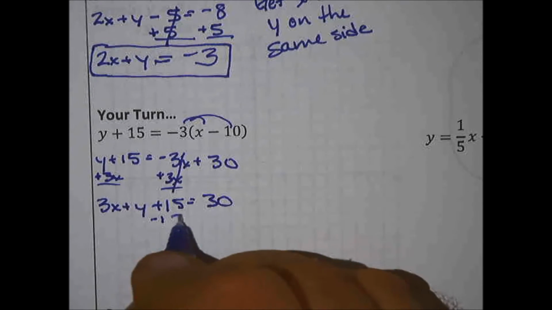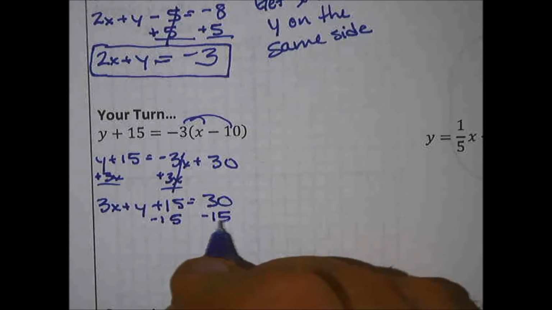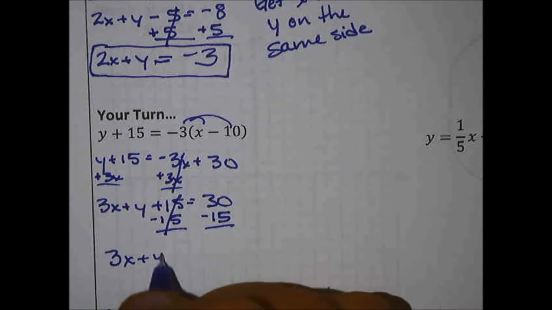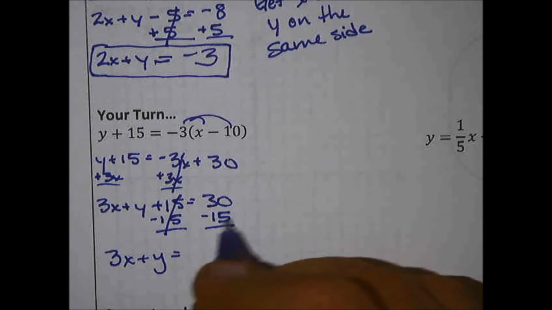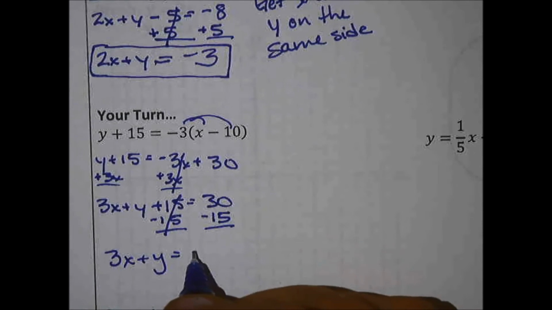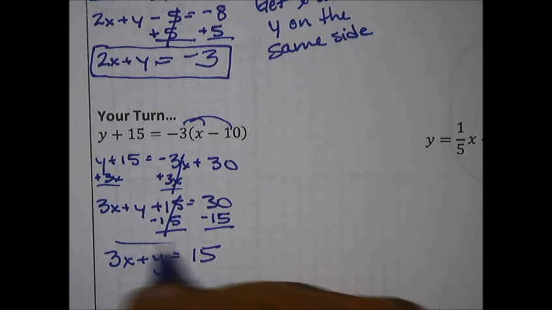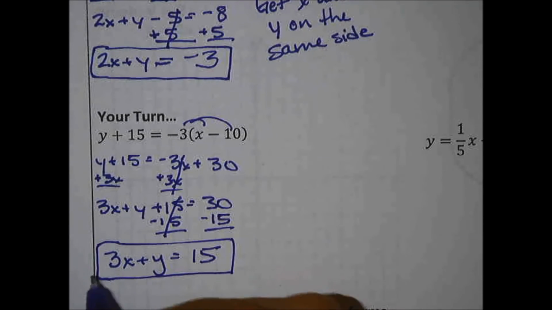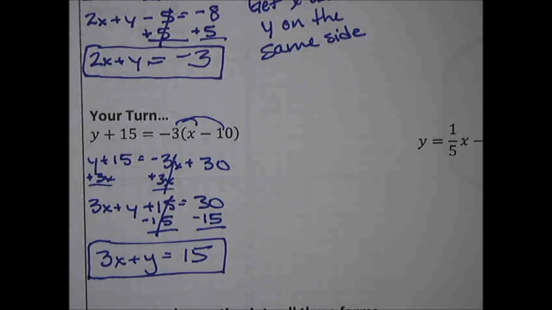I have one too many things over here, and I'll move that over. 3x plus y equals, and I want to subtract 15, so we're going to be left with 15. Okay, hopefully you got that.